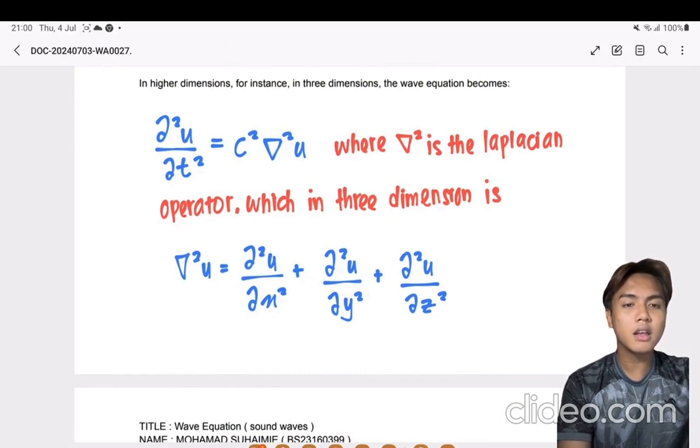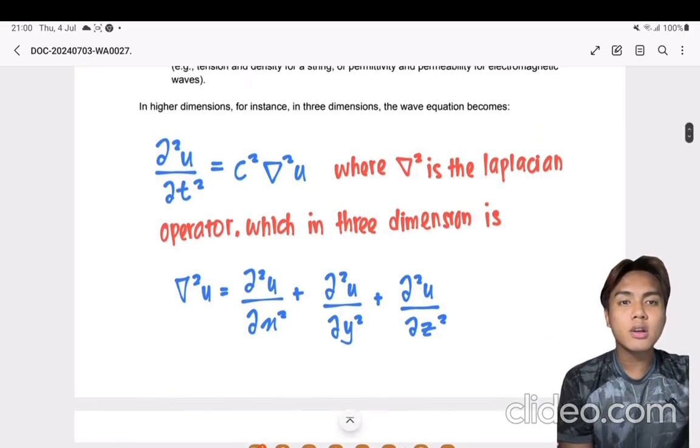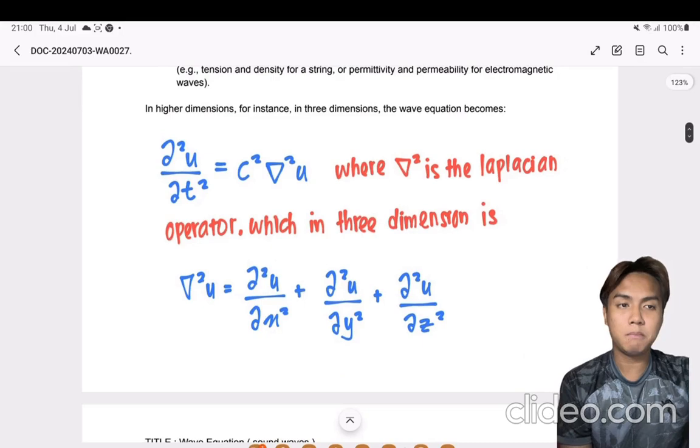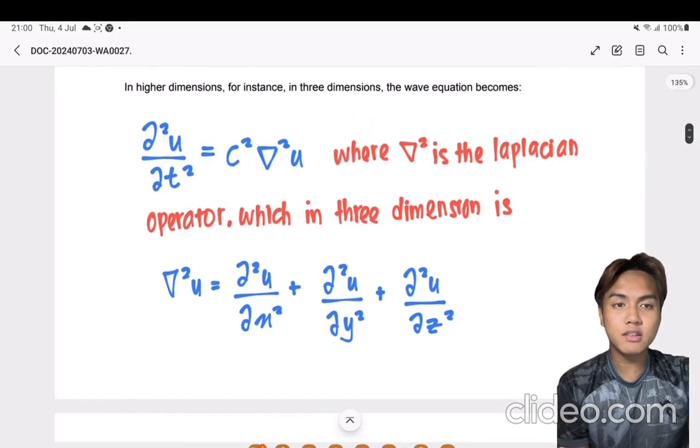in this article. And also for the derivation in the 1 dimension case, consider a string under tension T with linear mass density mu. This small segment of the string experiences forces due to tension.